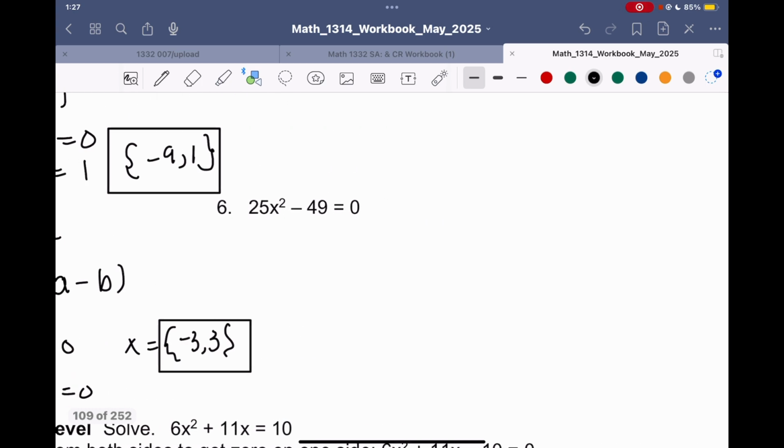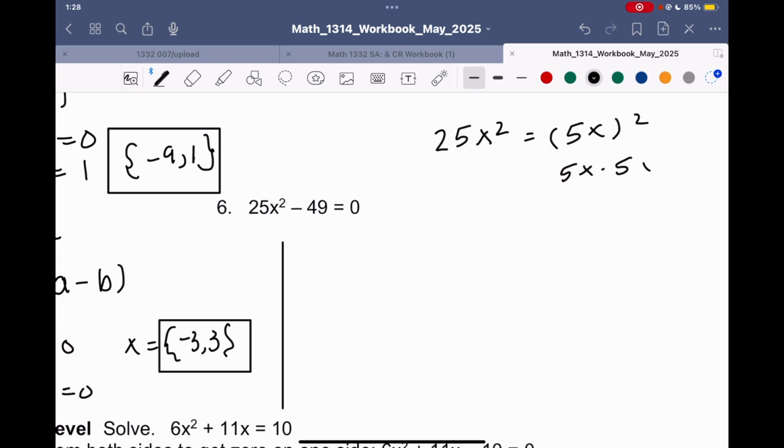So for number 6, it's a conjugate, 25. Just to explain it further, 25x squared, when we break it down, is a perfect square of 5x, because that becomes 5x times 5x. And then 49 is a perfect square, when we break it down, is 7 squared, or 7 times 7.